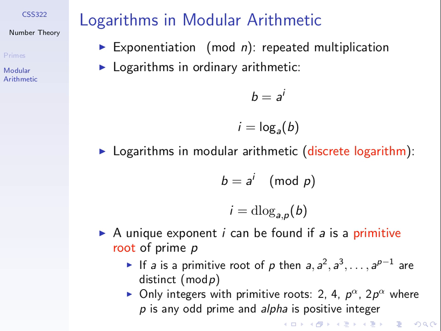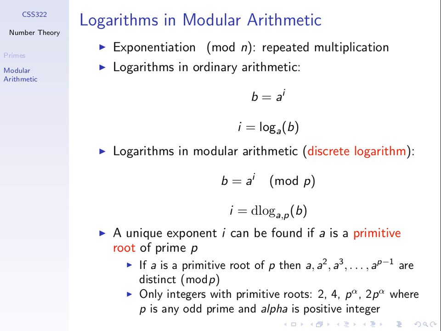As with multiplication, where there's not always a multiplicative inverse, we cannot always do a discrete logarithm. There are only certain conditions. That is, we cannot always find a unique value of i. We can find a unique exponent i if a, the base, is a primitive root of p, of a prime p.